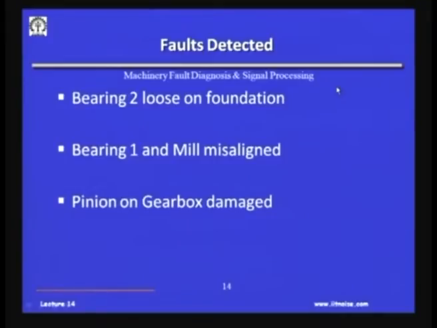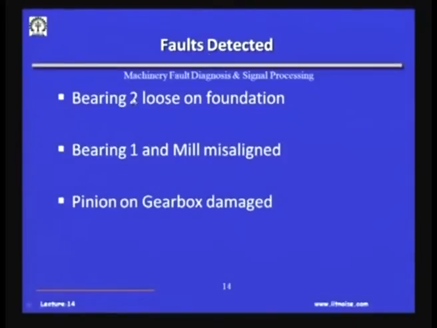And from this example, we could find the characteristic frequencies of this signal which were not apparent in this spectrum, but once we did the Cepstrum, we could find the characteristic Q frequency in the Cepstrum, and we could pretty well conclude that bearing 2 was loose on the foundation, bearing 1 and the mill were misaligned, and the pinion on the gearbox was damaged.